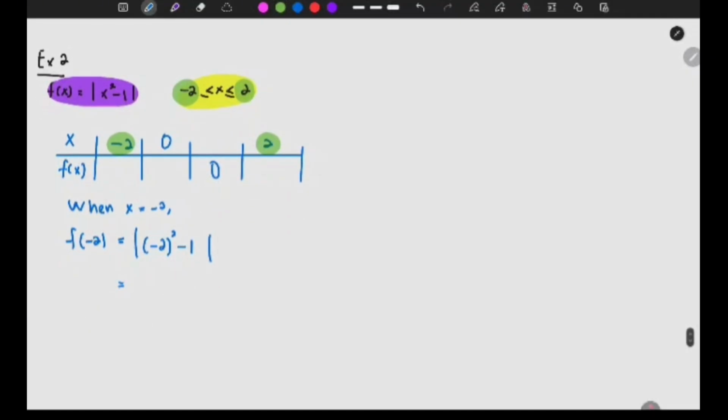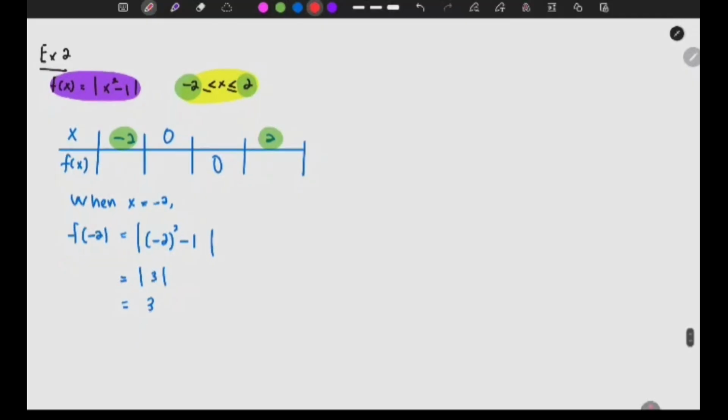It will be 3. Settle. Now next one, x is 0. So when your x is 0, your f(x) is modulus, and substitute your x with 0, minus 1. So 0 squared is 0. So 0 minus 1, you press your calculator. If you're not sure with your answer, you will get a negative 1. And modulus makes the negative number positive, so you will get 1. So instead of negative 1, you will say 1.